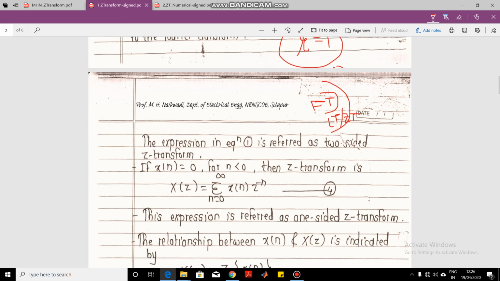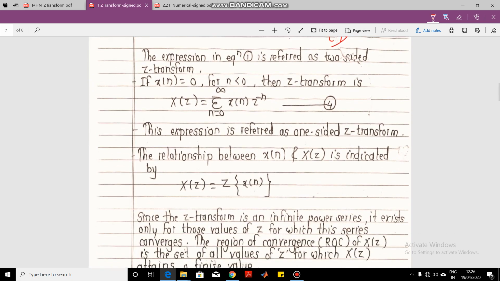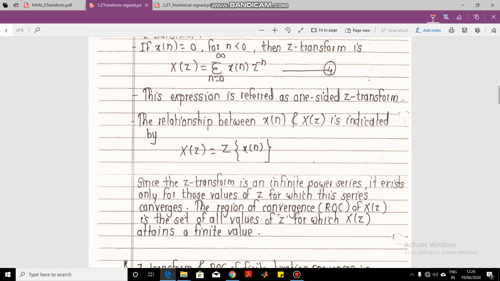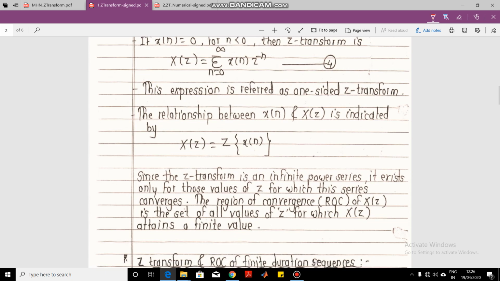So this is the relation between the Fourier transform and the Z transform, and you have to remember it: the Z transform evaluated on the unit circle is nothing but the Fourier transform of the signal.